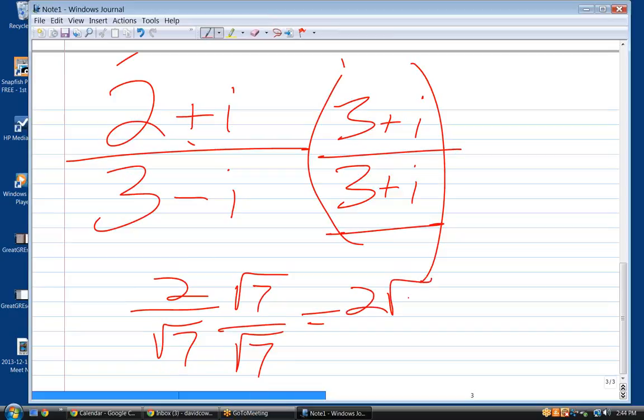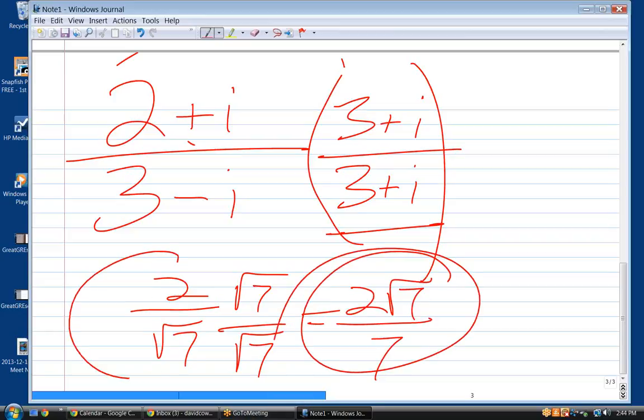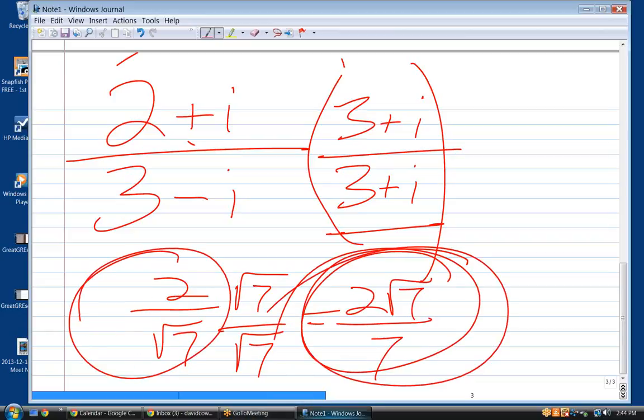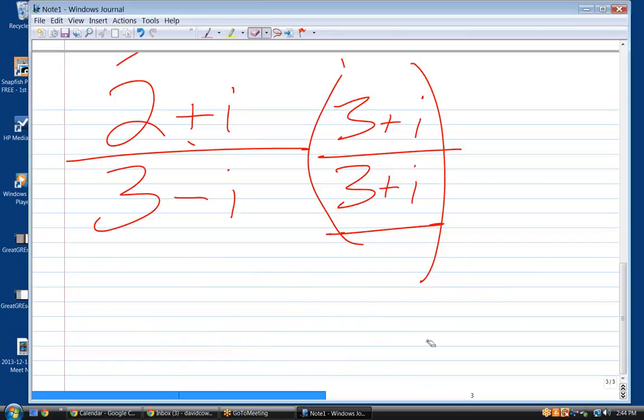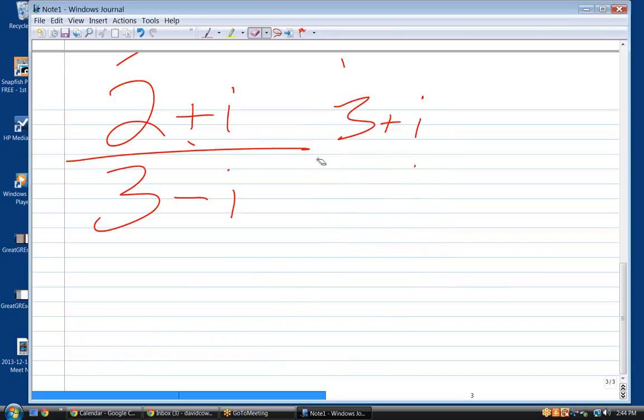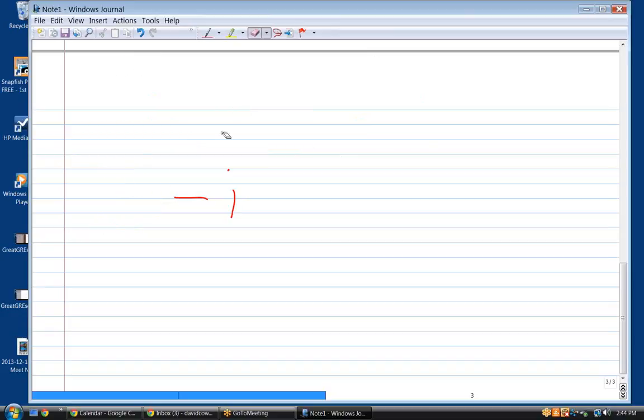And I'm going to get that. So this is the equivalent of this, but this has the advantage of having a rational denominator. Same thing with imaginary numbers. You have to get the imaginary number out of the denominator. You do that by using conjugates.